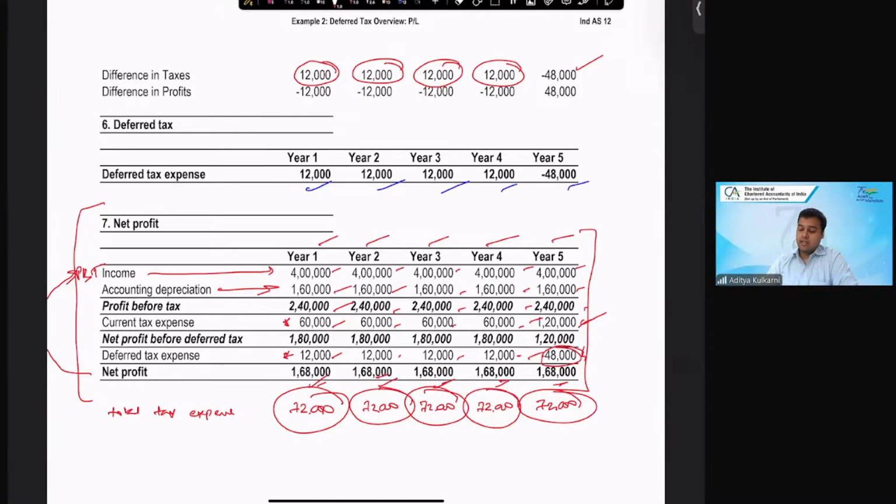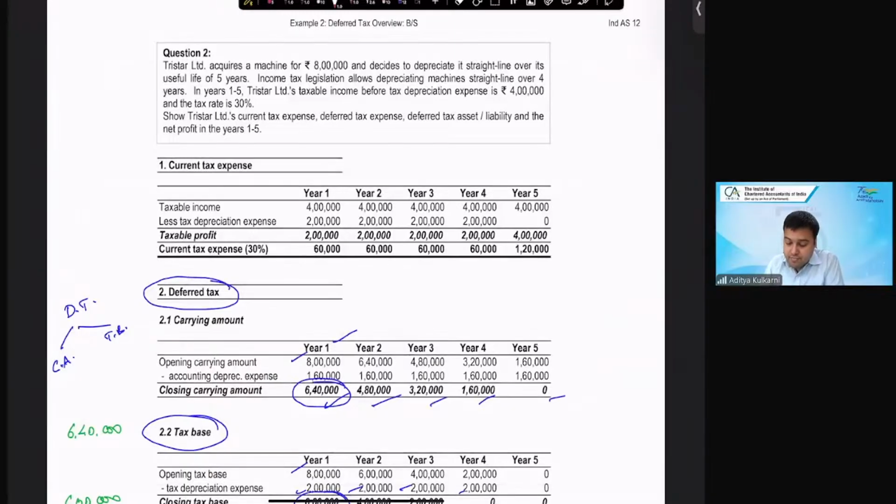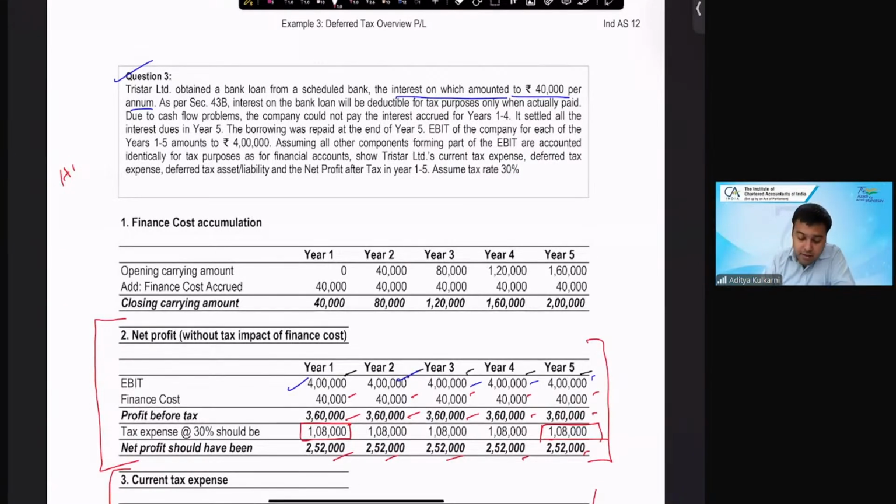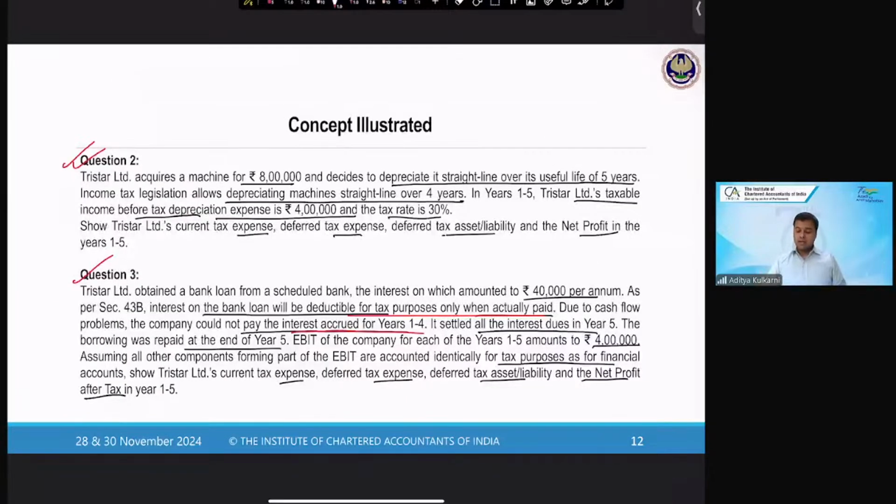All right. So that takes care of the first example of deferred tax. Now I want you to try this particular question as homework. Okay. Just do it so that you will be having confidence on how to do this.